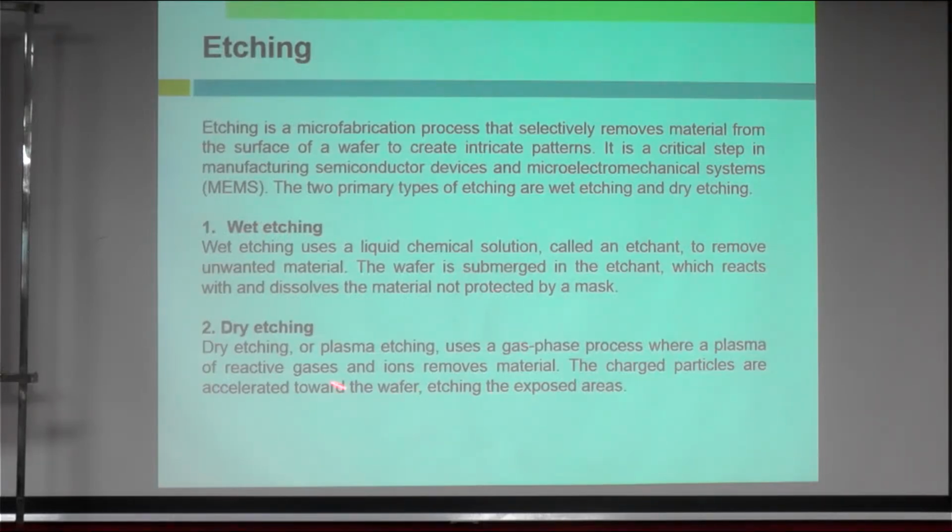In this case, selectivity also happens, where some materials can be removed quickly while some materials might be able to withstand the bombardment of the ions or the reactive gases. The exposed areas, meaning those not covered by the mask, can be removed accordingly.